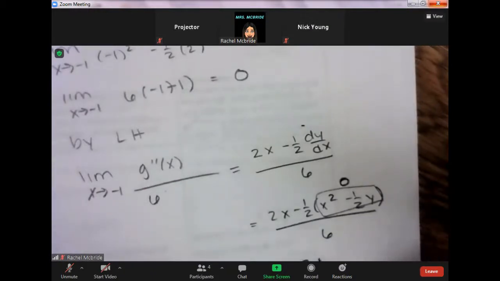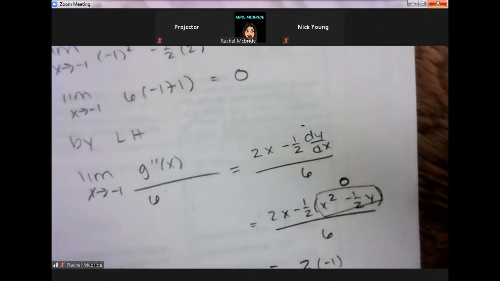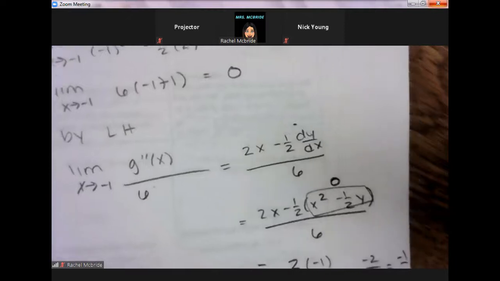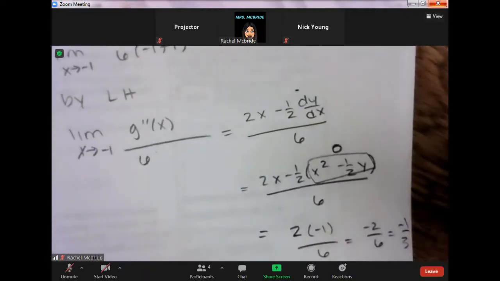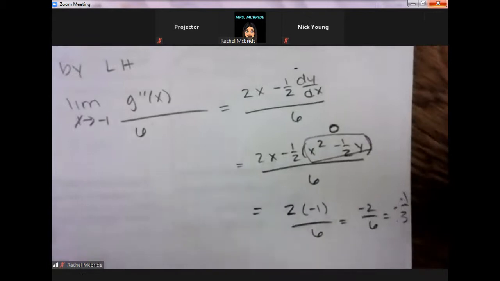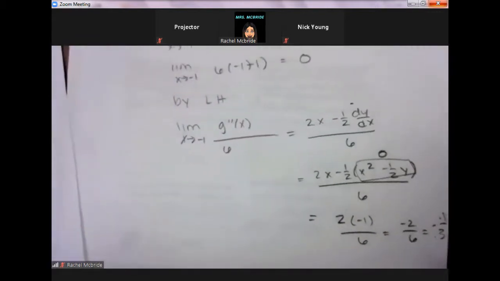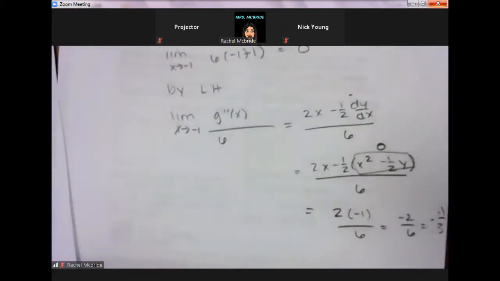So you'd get 2 times negative 1 over 6, which is negative 1/3. That is like the most difficult L'Hopital's you will get.